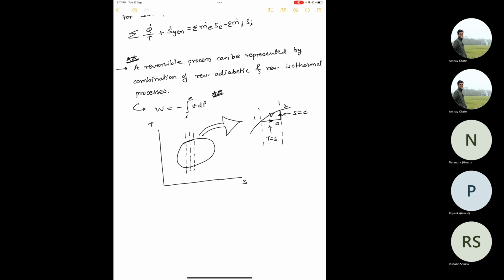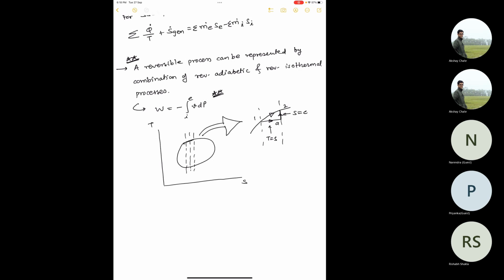That's why we take small v to be constant in this expression, take it out of the integral sign, and just do the dp integration, which is delta p. So for a pump it is easy, but for a turbine that integration may not be that easy, so we rely on enthalpy values. So that is one point.